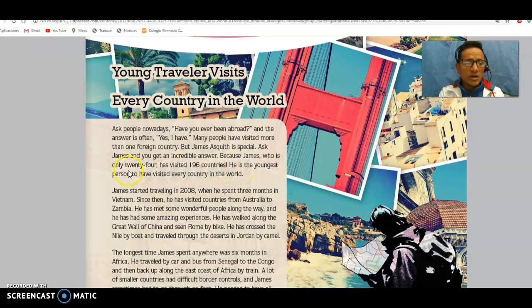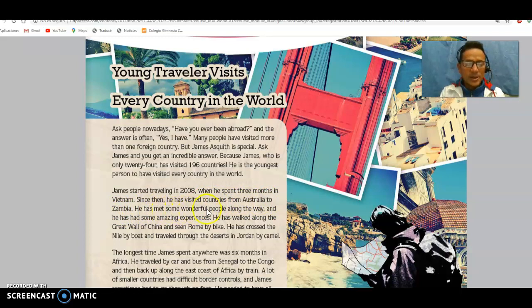He is the youngest person to have visited every country in the world. James started traveling in 2008 when he spent 3 months in Vietnam. Since then, he has visited countries from Australia to Zambia.